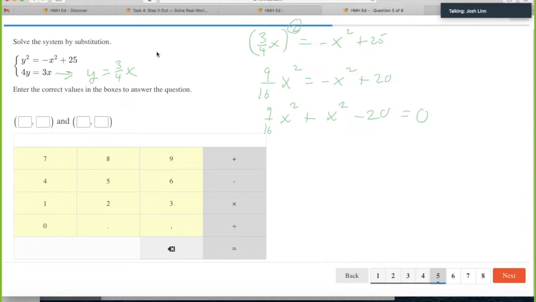So then we're going to combine those x squareds. So I'm going to rewrite this one as 16 over 16 so that my denominators match. So then 9 plus 16 over 16 x squared minus 20 equals 0. That 20 is going to end up going back over to the other side, looks like. Did I drop an x somewhere?